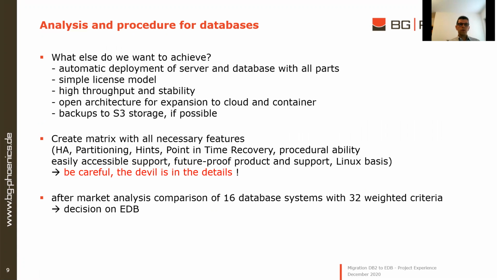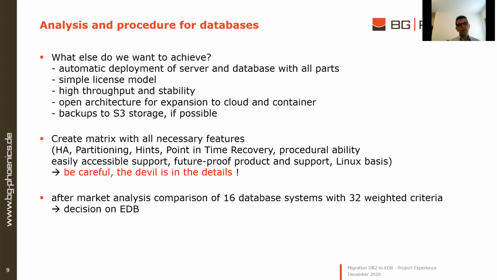What we have done: the analysis and the procedure for the database. First, we sat together and said, okay, what do we want to achieve? And we came out with this list. We want an automatic deployment of server and database with all parts, not to do installation server by server and database by database.